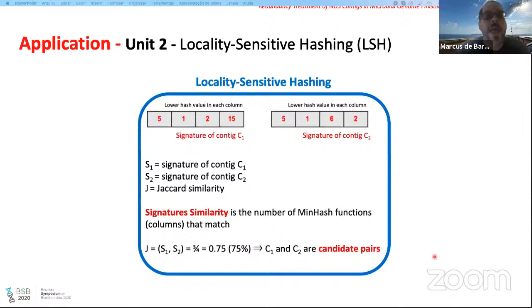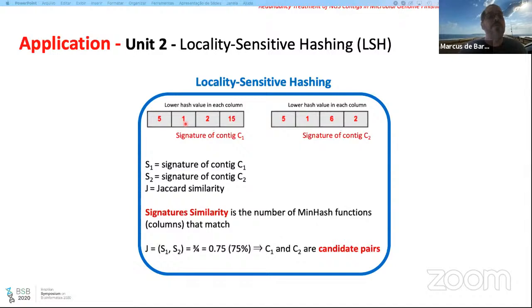And here the last step is the LSH itself. We will evaluate the similarity of the contigs through the Jaccard index using the Jaccard distance. And the Jaccard similarity works very well with the min hashing functions family. So the signature similarity is the number of the min hash functions that match. It's simple. Here we have 4 values, and here 4 values.